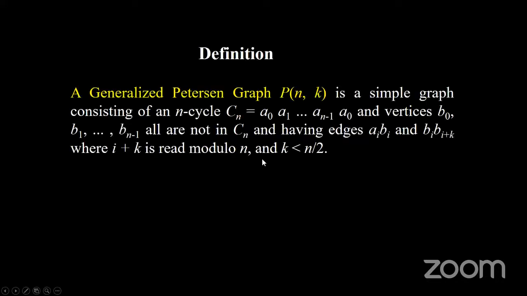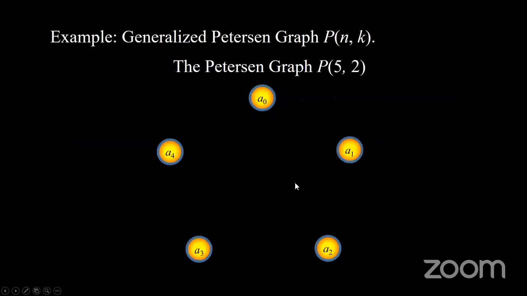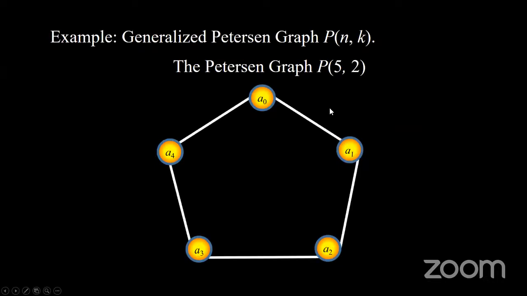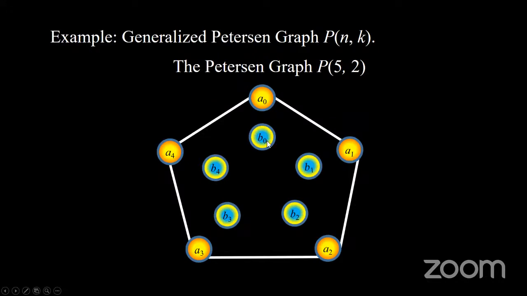Now, the generalized Petersen graph, we call it P(n,k). It looks like this. For example, P(5,2). Pay attention. There are 5 vertices here, and there's a cycle connecting them. Then you have another 5 vertices in the middle.